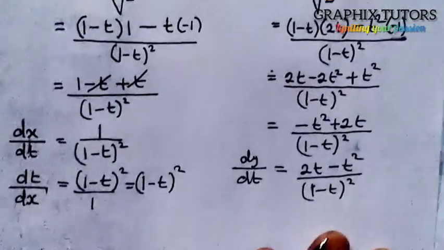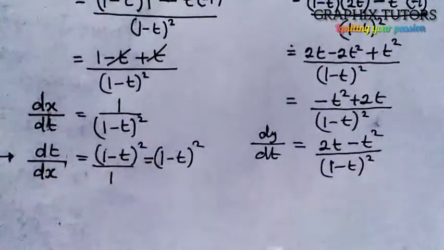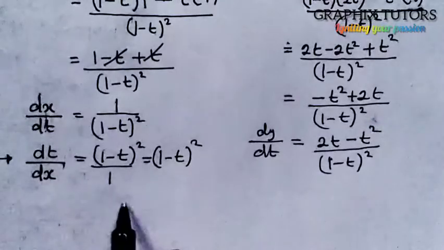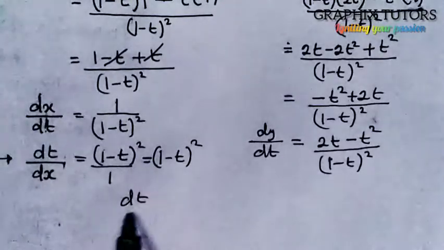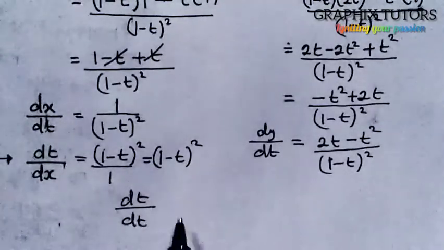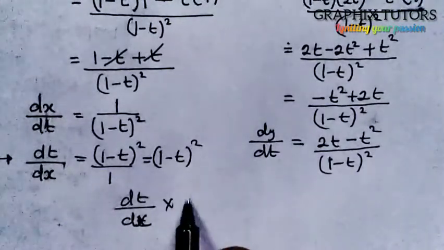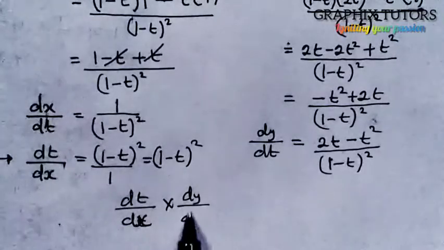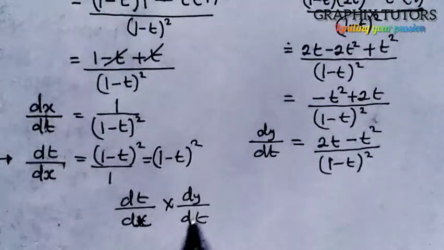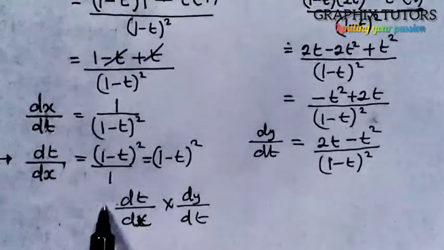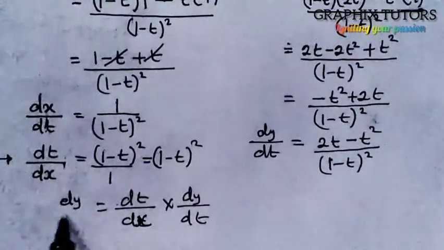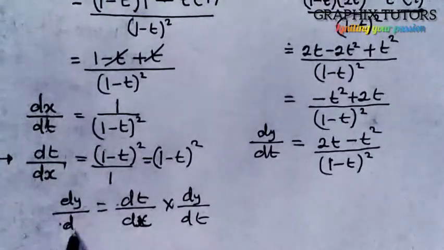So from here, you now put it. If you multiply both of them, because they are the same, we have dt over dx multiplied by dy over dt. Now this will equate this. When dt equates dt, what are you having? You're having dy over dx.